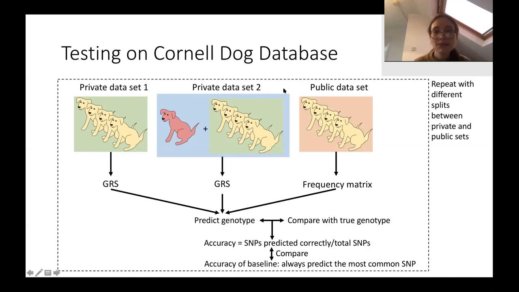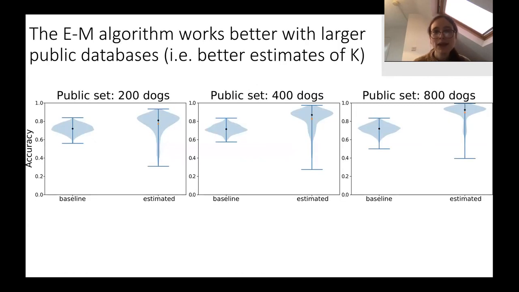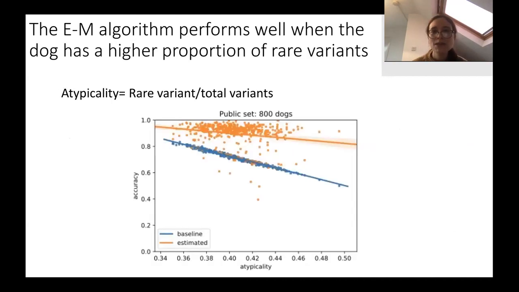We can repeat this procedure with different random splits between the private and public data sets. We find that our expectation maximization works better with larger public databases because this produces better estimates of K. The EM algorithm performs particularly well compared to the baseline when the dog has a higher proportion of rare variants.